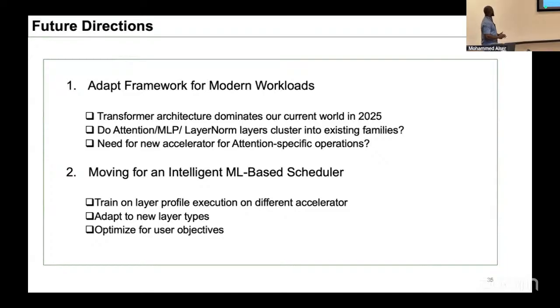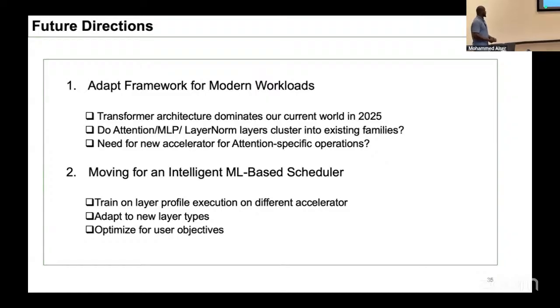And so for different directions, something that we can talk about is how we can adapt this framework to the modern workloads that we're using now, for example the popular transformer architecture. Do these actually cluster into existing families, or do we need a new accelerator for attention specific operations?